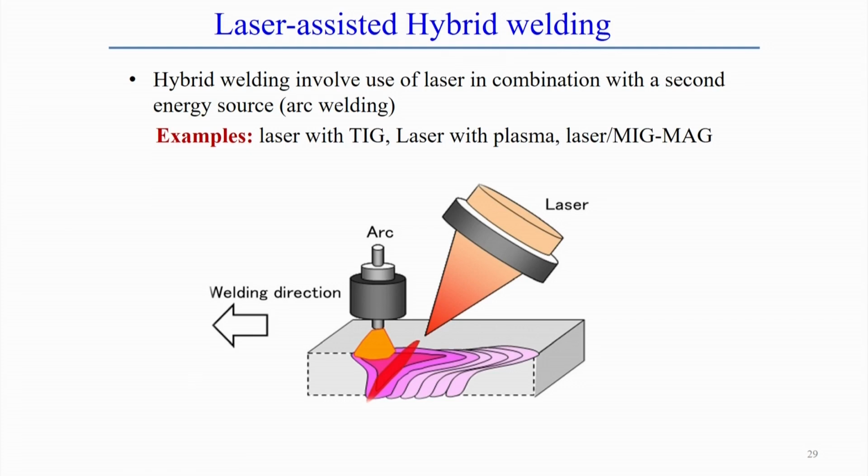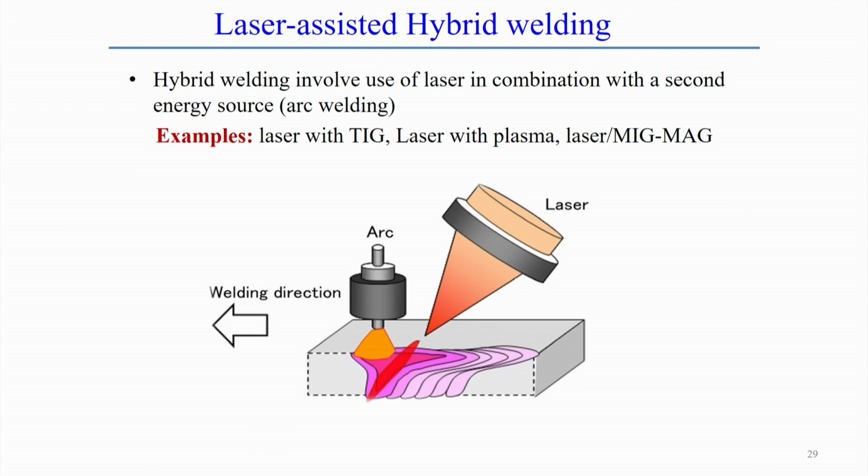The first main advantage is that we can create a large weld pool volume, because the laser is focused and concentrated on a very small zone, and normally it creates keyhole formation, that means keyhole mode welding.